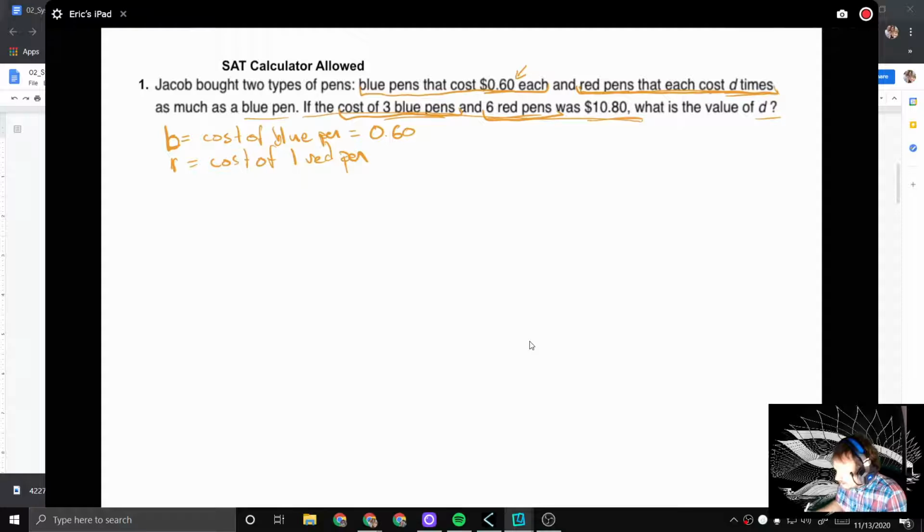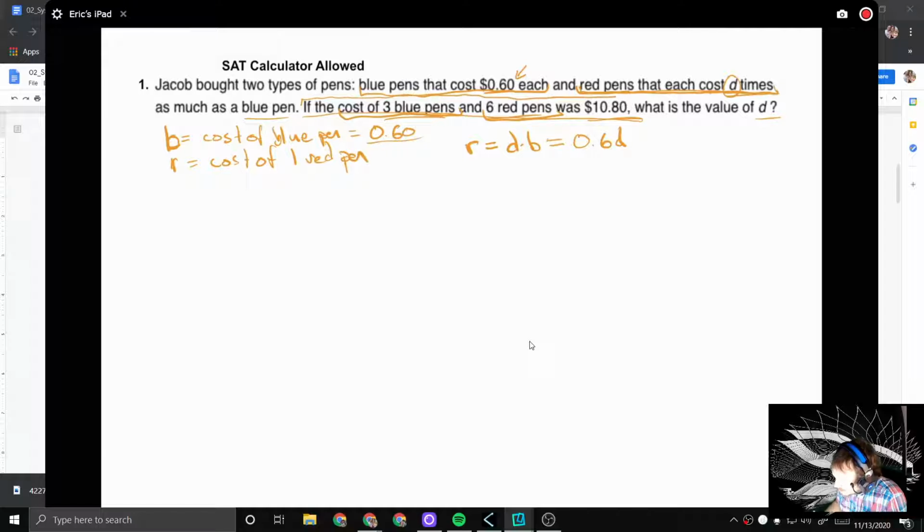I'd multiply by 3. And that would give me R. So that tells me that R has to be D times B. We already know B is equal to 60 cents, so I can write R equals 0.6D.